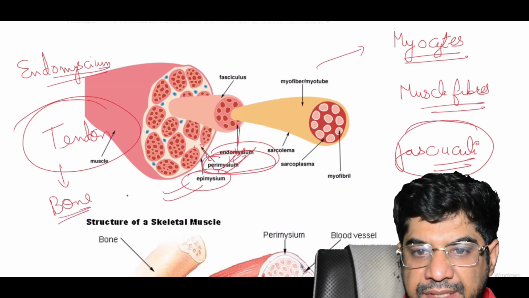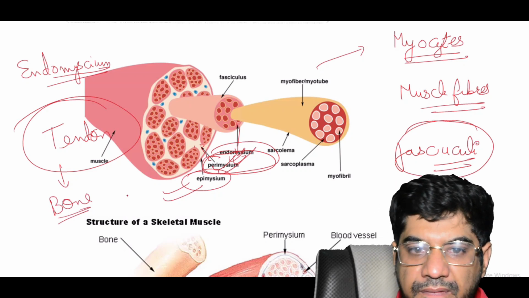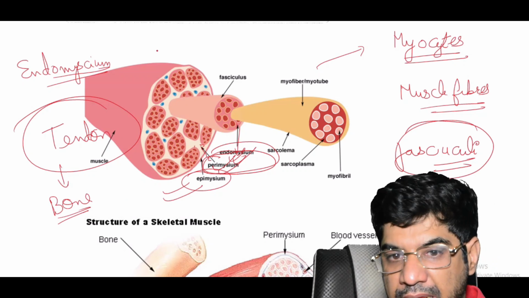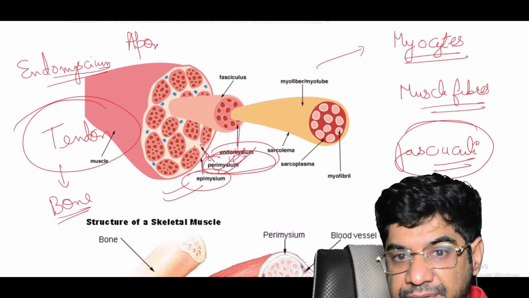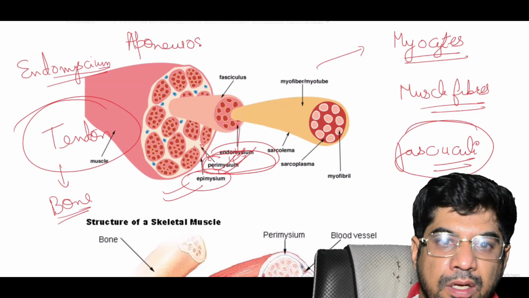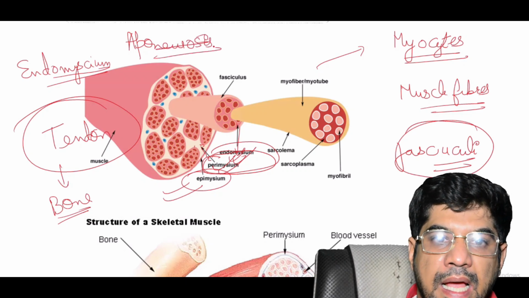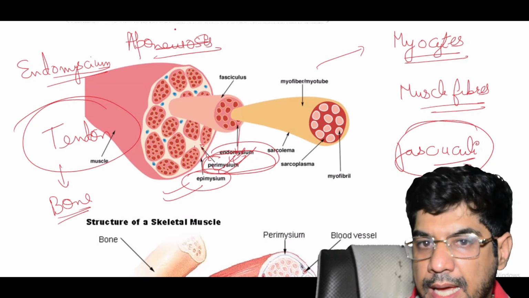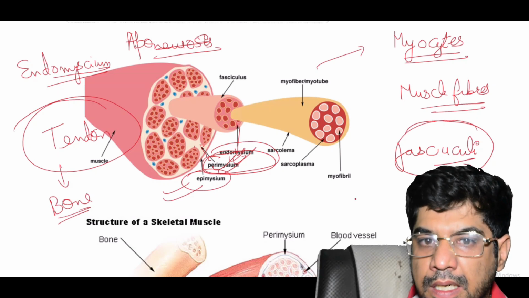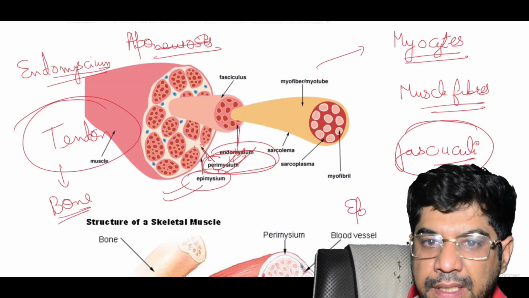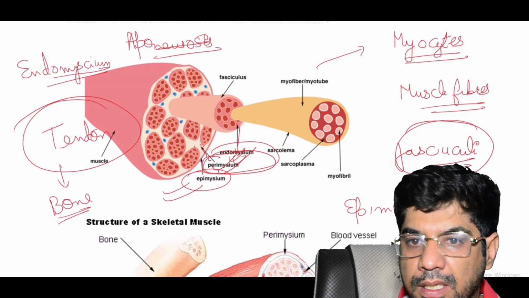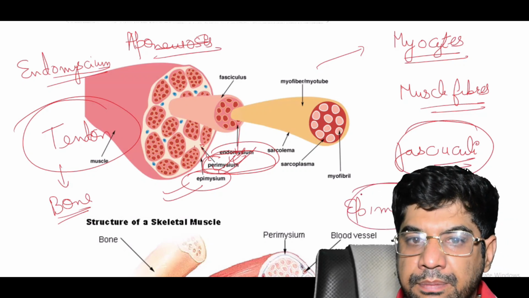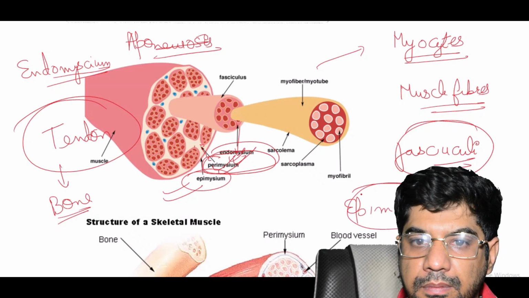In some muscles, you will see the tendon is thin, flat and stretched, and it would be stiff and tough. This type of tendon, we call aponeurosis. So can anyone identify the connective tissue layer that covers the entire muscle? The entire muscle, the answer is epimysium.